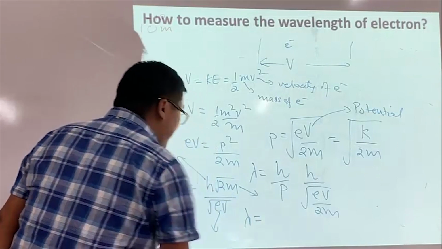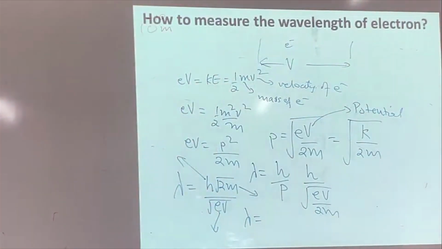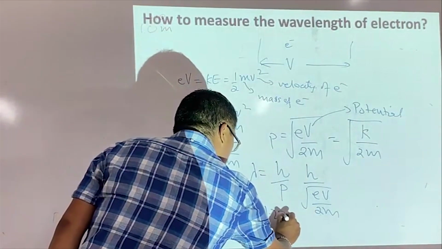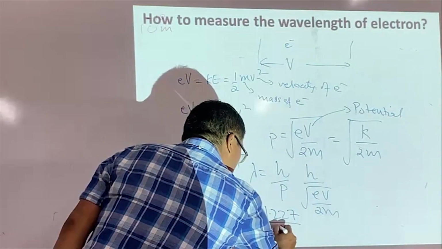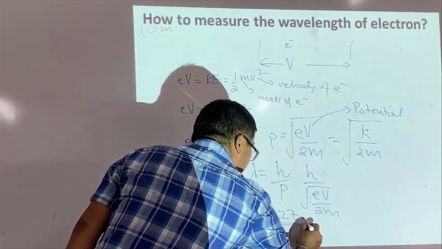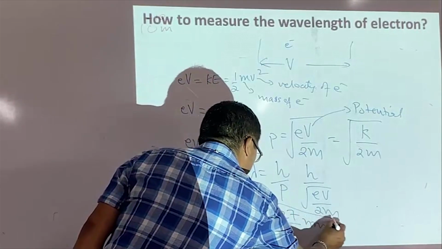Finally, what I get is 1.227 divided by root of V, in nanometers. So this is the wavelength.